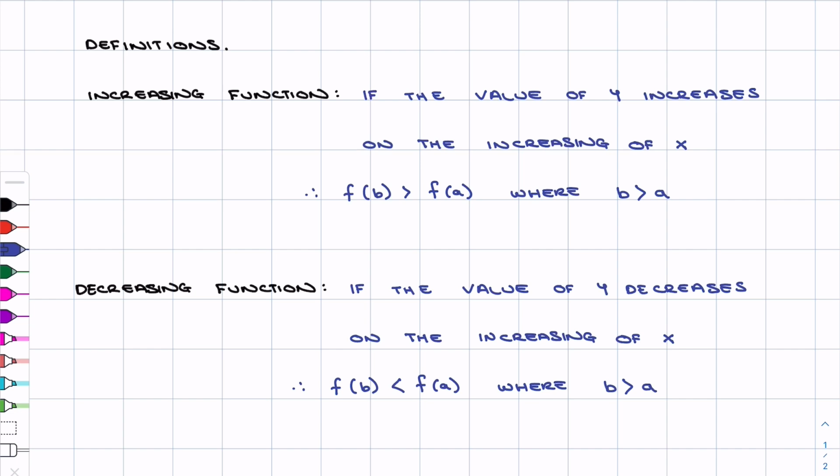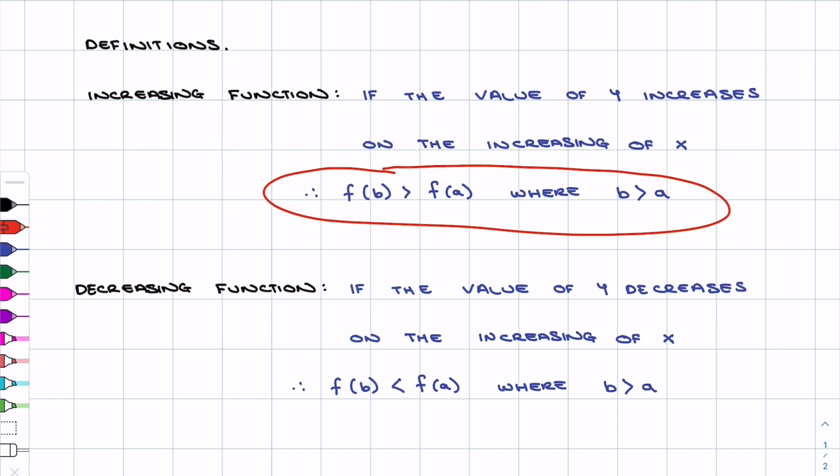In relation to increasing functions, what we're actually saying is that the dependent variable is increasing with respect to an increasing independent variable, x. And this is shown by our function notation of f of b being greater than f of a, where b is greater than a. So this is what we term as an increasing function.